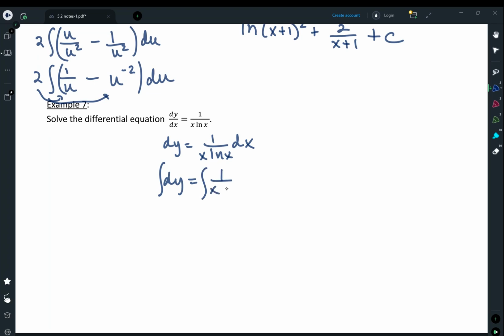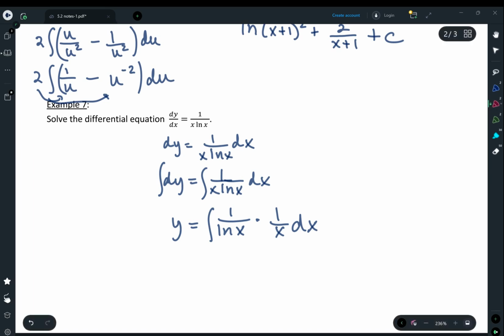But then I want to show this being multiplied like 2 different fractions. So the left-hand side is now y. I'm going to write this as 1 over natural log x times 1 over x dx. Now when I think about 1 over x here, I think of how that's the derivative of the natural log.